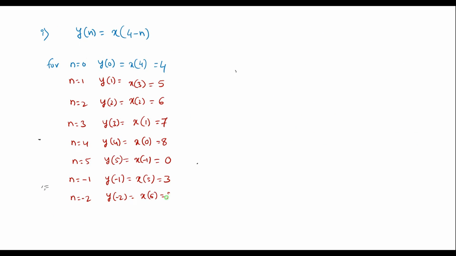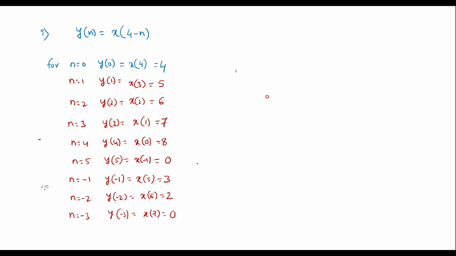It will be 2. Similarly, for n is equal to minus 3, y of minus 3 is x of 7, it is 0. So minus 3 onwards, all the values will be 0.